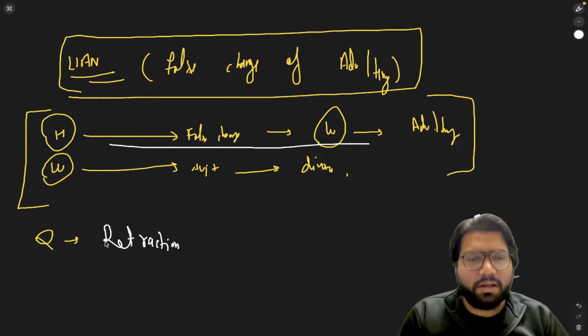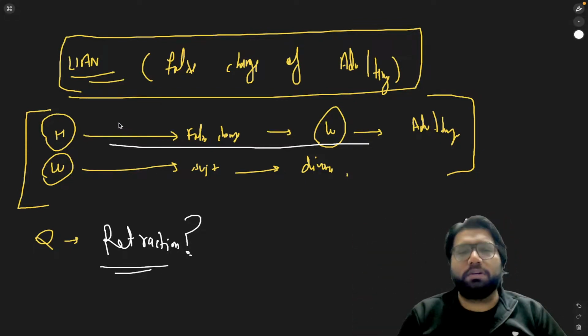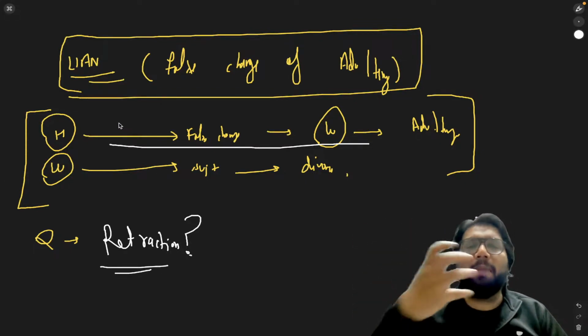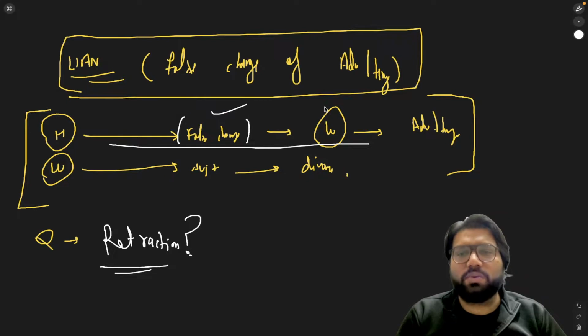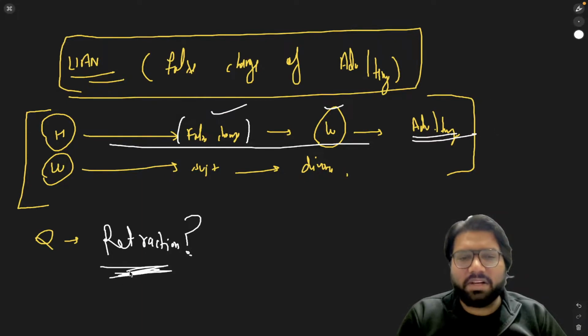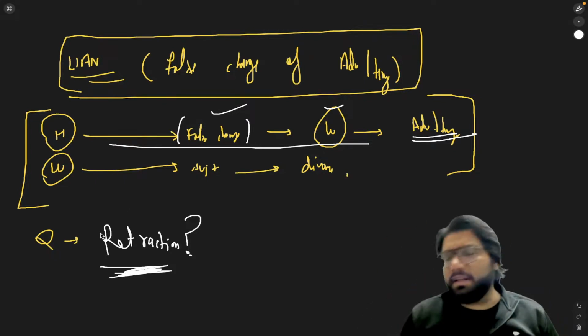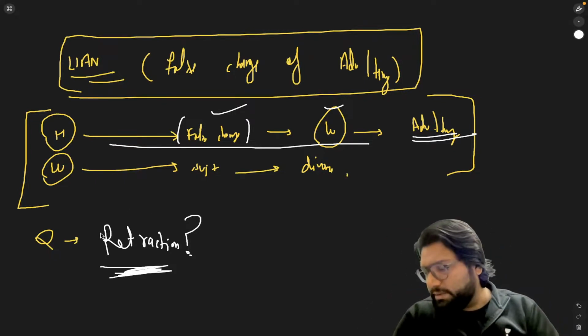Retraction here means, can the husband take back his words, whatever statement he has passed relating to false charge of adultery against the wife? Can he take back that statement? Answer in the comments. Let's see how many of you can answer.